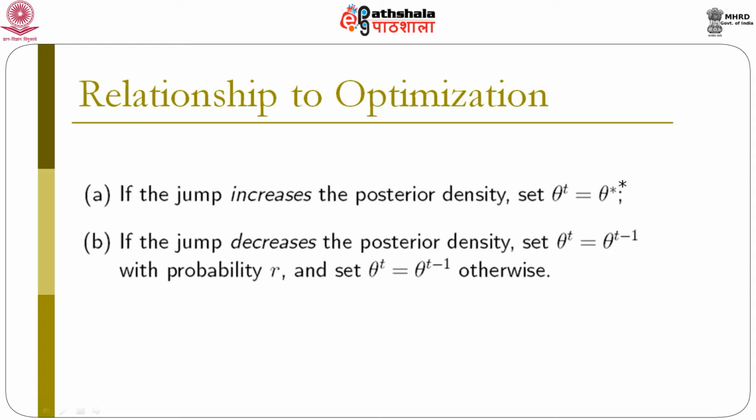So in that case you strongly accept the observation theta star that you have generated now. Okay. So as I said, if the jump increases the posterior density, set theta t equal to theta star. If the jump decreases the posterior density, set theta t equal to theta star with probability R, and set theta t equal to theta t minus 1 otherwise.